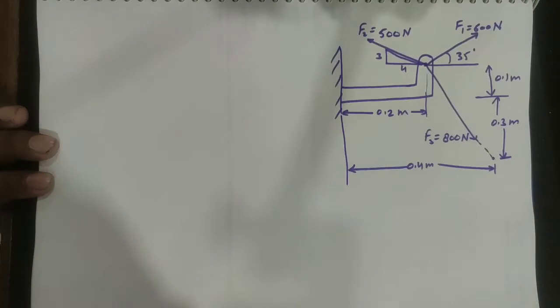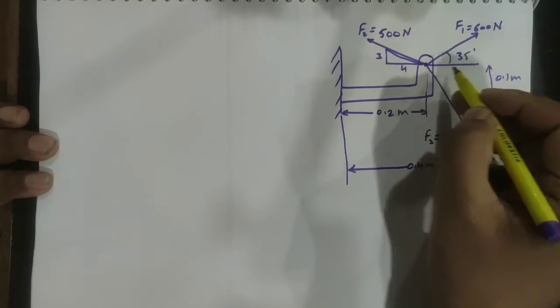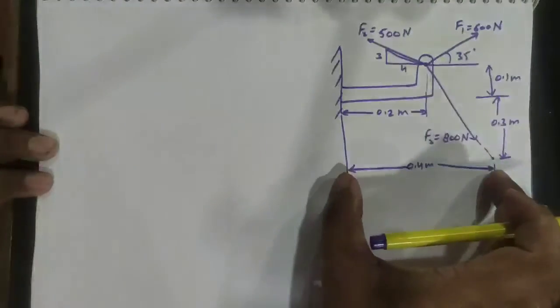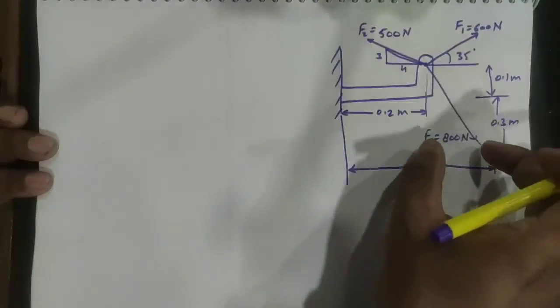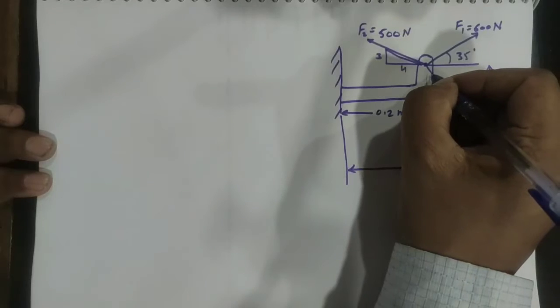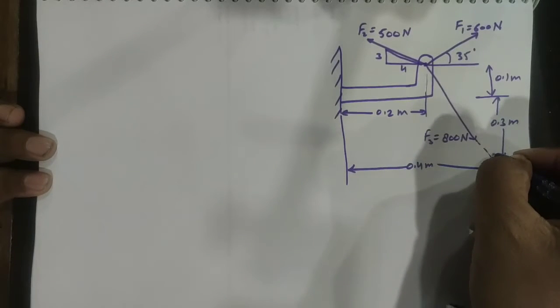So for calculating the angle for this force, that height becomes 0.4 meter, and that gap, this is 0.4, this is 0.2, so that difference will become, should I write with the help of a pen?